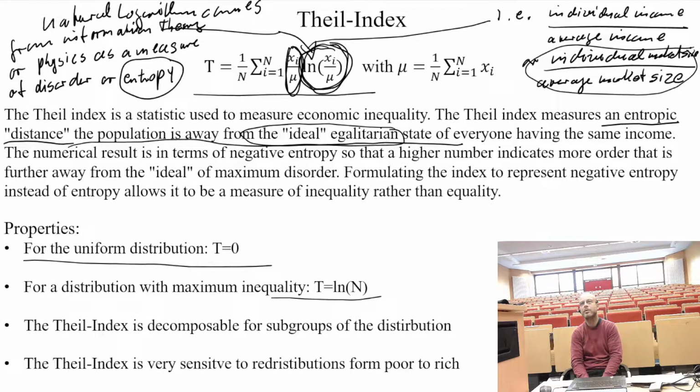Therefore it is a quite good instrument to compare different subgroups within your distribution, while if you take the Gini coefficient, you can only calculate the total inequality of the whole distribution. What we also see, and therefore it is quite often used when you look at income inequalities, is that it is really sensitive to redistributions from the very poor people to the rich people.